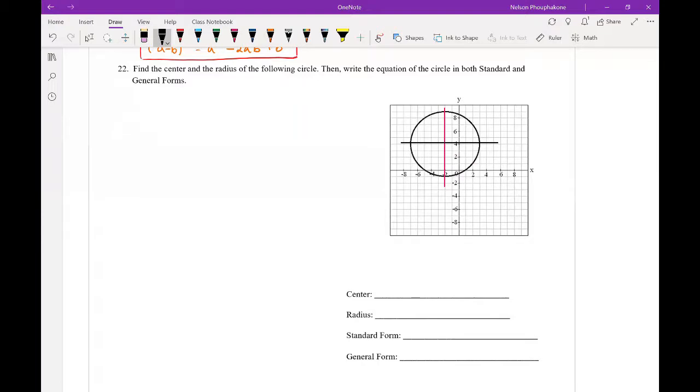And then now you will see that here we have a center. Okay, the center is (-2, 4).